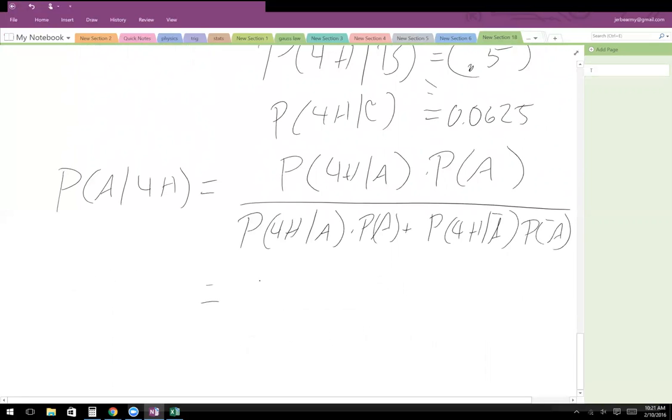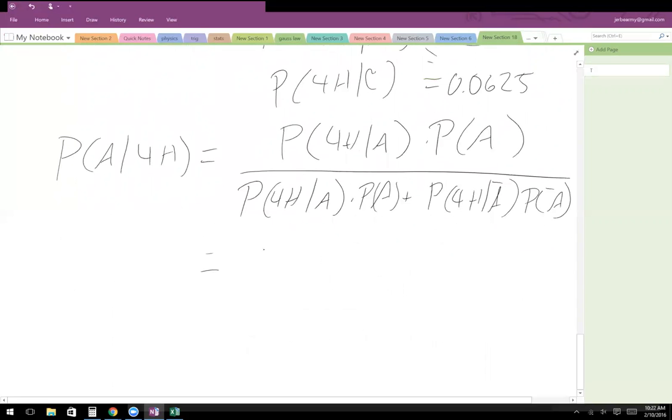Okay. So we just found this guy. This guy was 0.1785. If we just picked up one of these coins randomly, what's the probability we picked coin A? Yeah, 1 out of 3. Right. And so same thing on the bottom, 0.1785 times 1 out of 3.